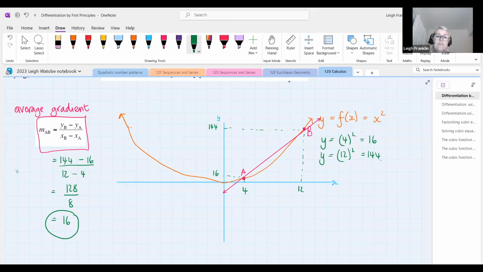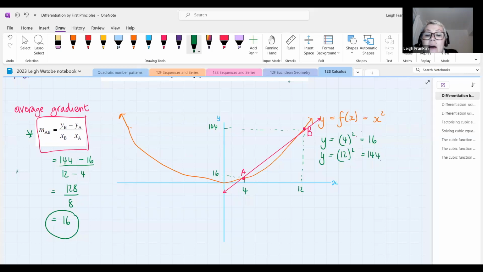Now, this is where the problem comes in. Let's pretend that I don't want to calculate the gradient between A and B. I only want to calculate the gradient at A. If I use my traditional gradient formula, I end up with a problem, because I've only got one point.